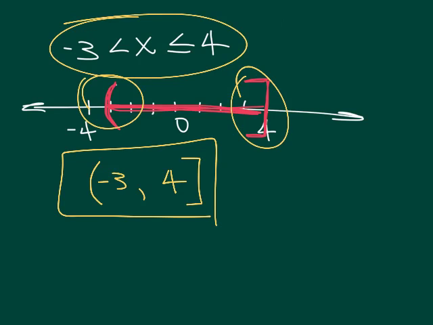All right, so let's jump to, where did it go? Example number 2, -2y minus 3 is less than or equal to 7.